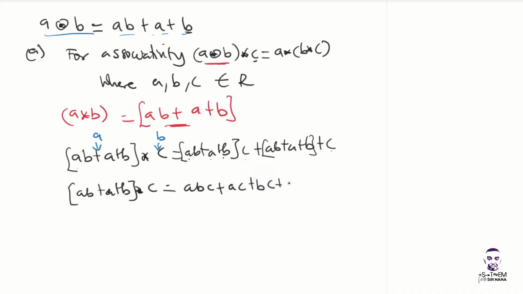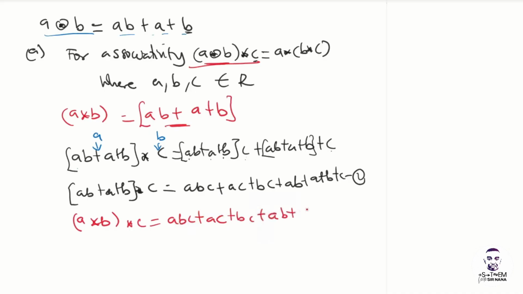Then we have AB, and then A plus B, then plus C. We'll call this equation 1. So we can rewrite this as A operation B, in brackets, operation C, to be equal to ABC plus AC plus BC plus AB plus A plus B plus C.